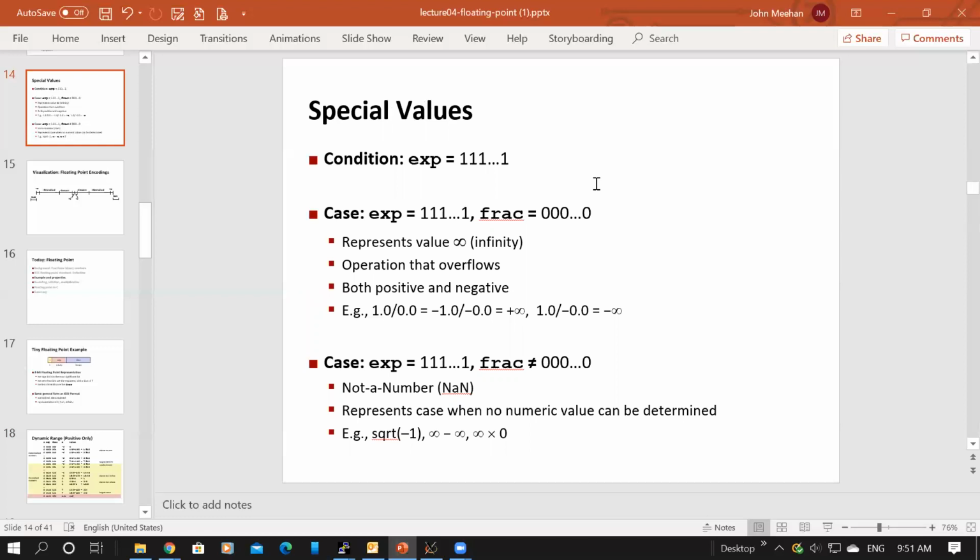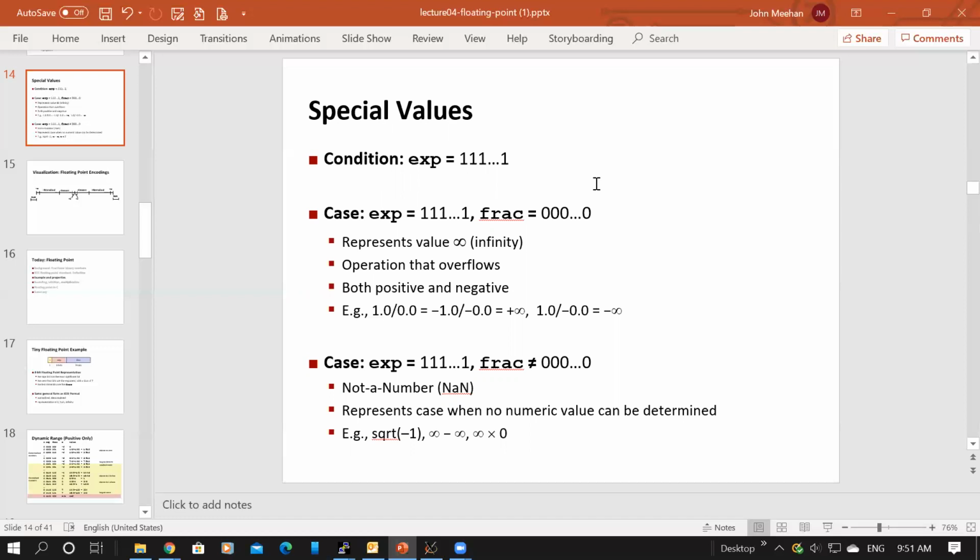Yeah. So the way you tell it's one of the special encodings is the EXP field has all ones in it. Remember our normalized form, the EXP field can't have all ones and it can't have all zeros. It has all the other possible values in there. If it's all zeros, it means it's the denormalized form. And if it's all ones, it means it's one of the special values.